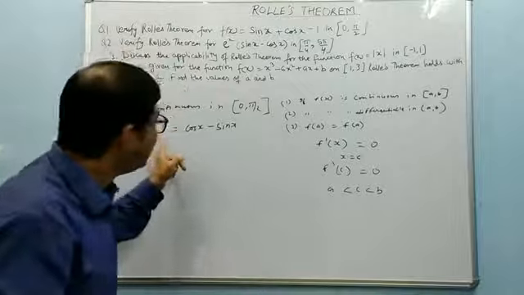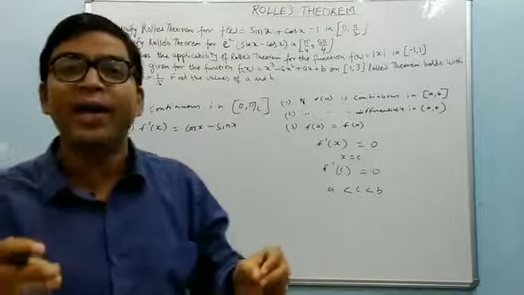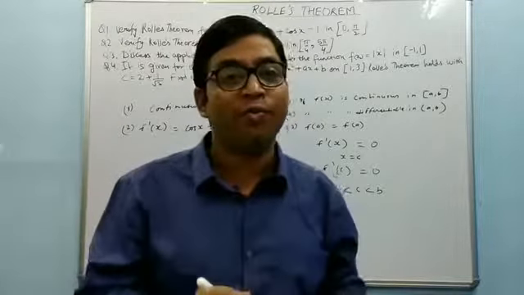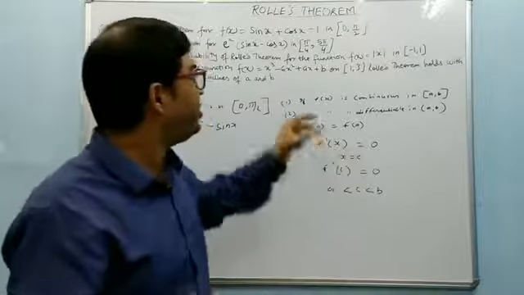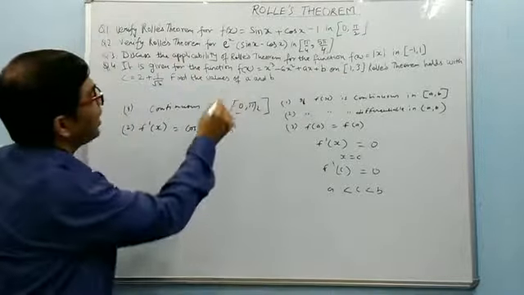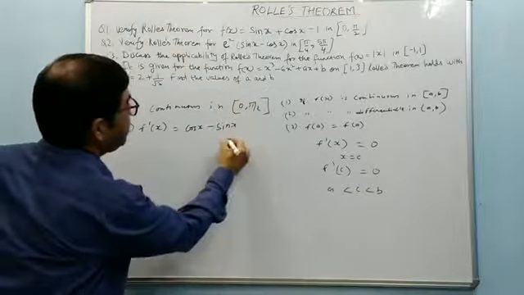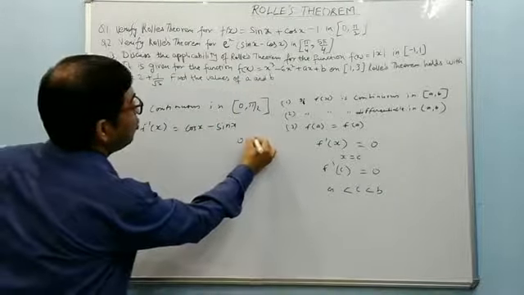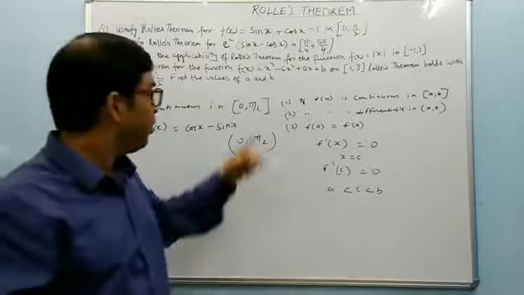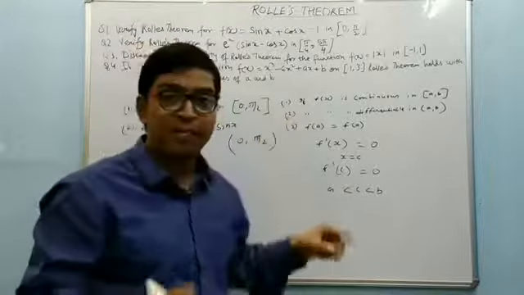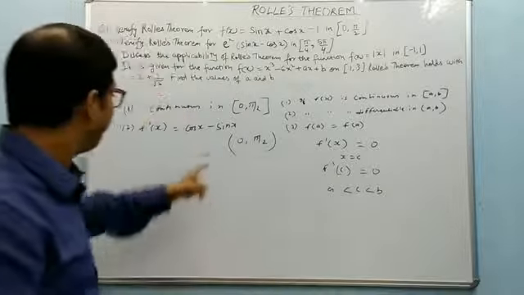Differentiable means its derivative is defined at all values of x. What is derivative? F dash x. So it is differentiable in the given interval, in the interval 0 to pi by 2. This is the open interval, in between that; closed means the external boundaries are also included.